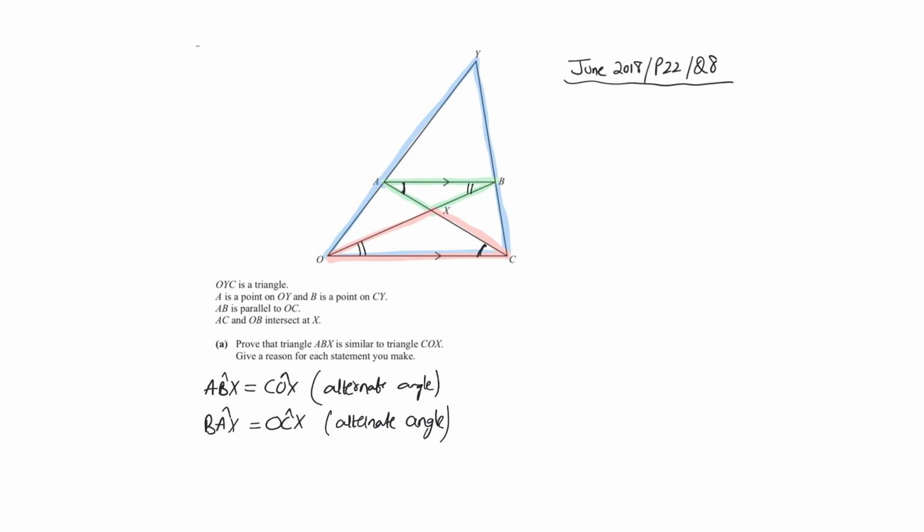And last, AXB is equal to CXO, and the reason is this angle is equal to this angle because they are vertically opposite angles.